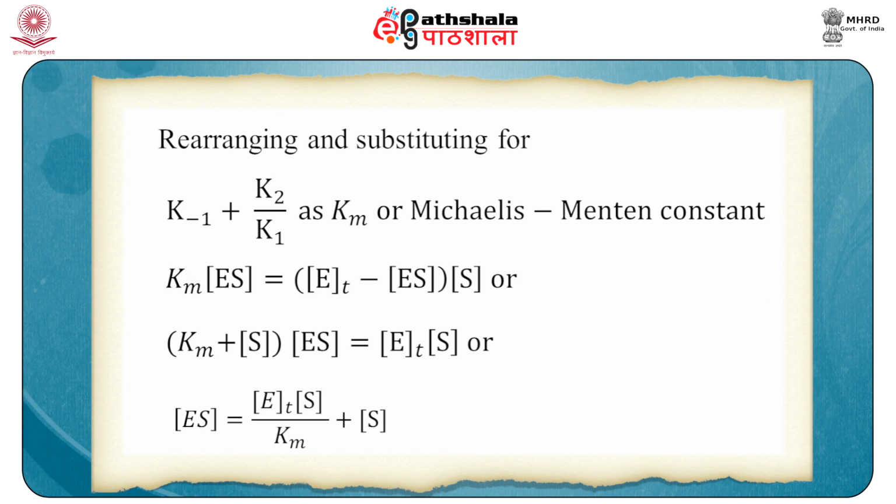Rearranging and substituting K minus 1 plus K2 divided by K1 as Km, or the Michaelis-Menten constant, named in the honor of the scientist who worked out these equations: Km Es is equal to brackets Et minus Es brackets close into S, or brackets Km plus S brackets close into Es is equal to Et into S, or Es is equal to Et into S divided by Km plus S.